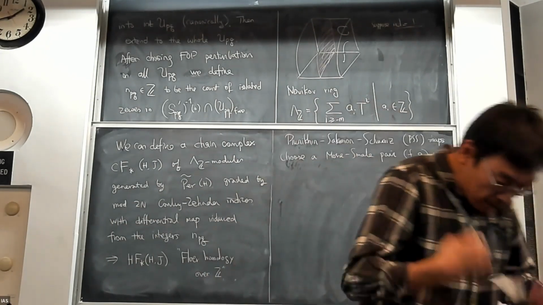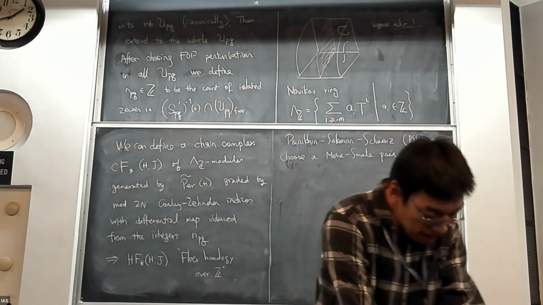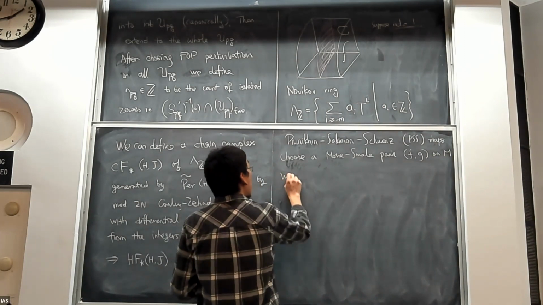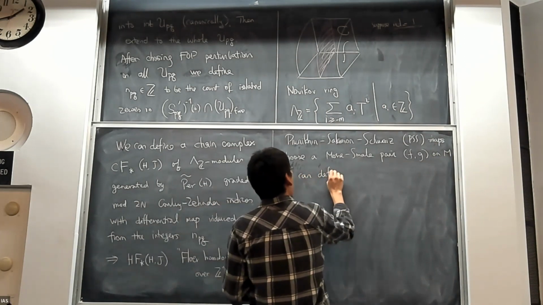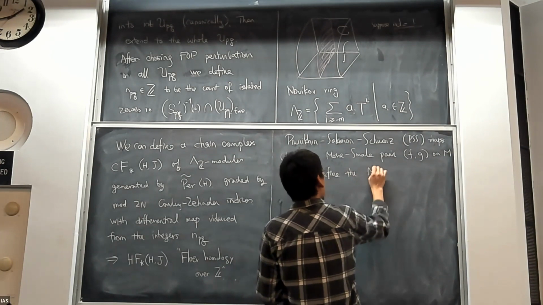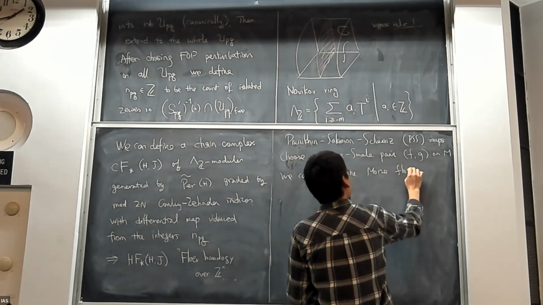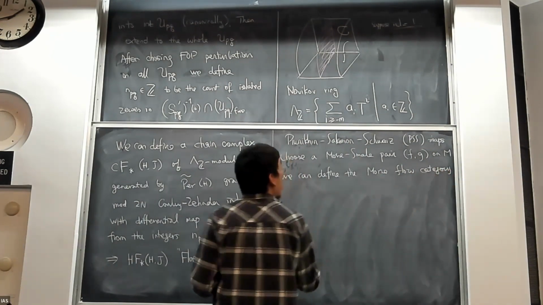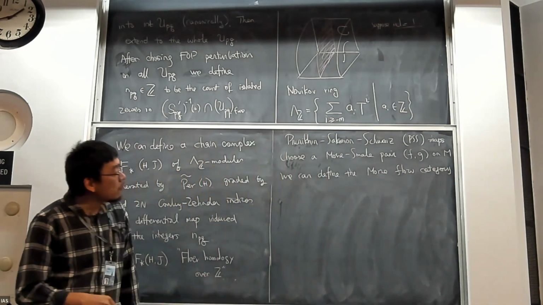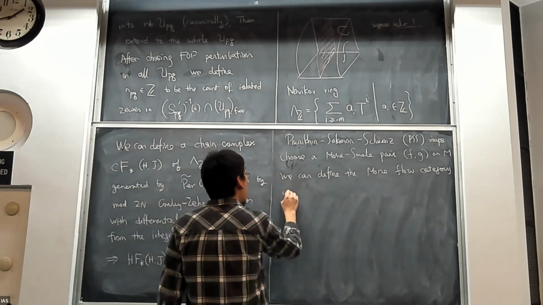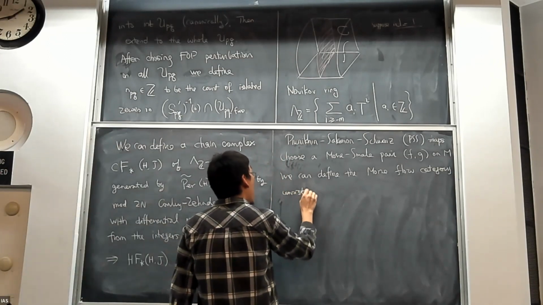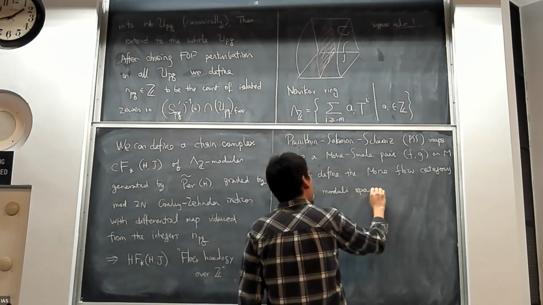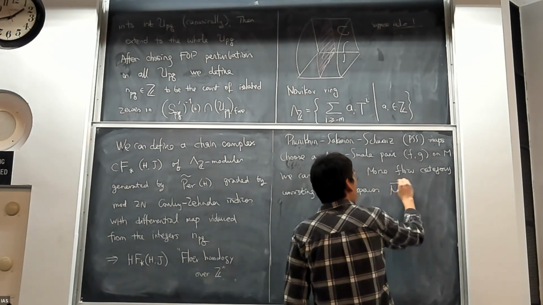And more generally, we can define the so-called Morse flow category, basically consisting of a bunch of moduli spaces of possibly broken trajectories.